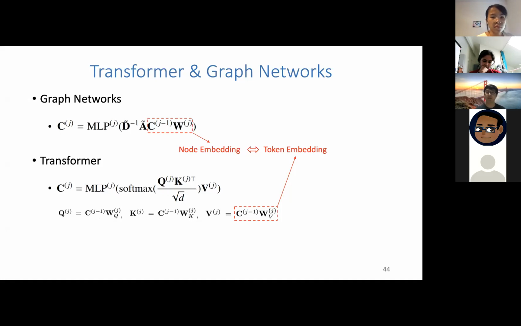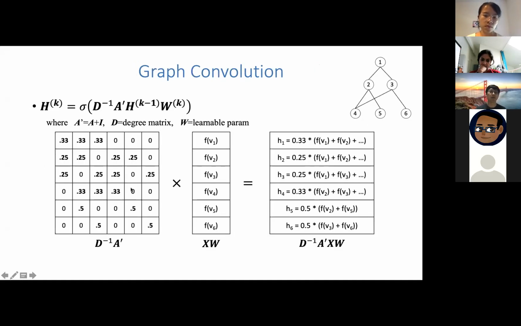For this adjacency matrix, are you also adding the parent nodes as adjacency or not? Here, in this example, the matrix is symmetric, so it's bidirectional. So if one is connected to two, then two is also connected to one. But there can be different varieties. You can keep this in unidirectional form, or you can have asymmetric connections between different nodes.